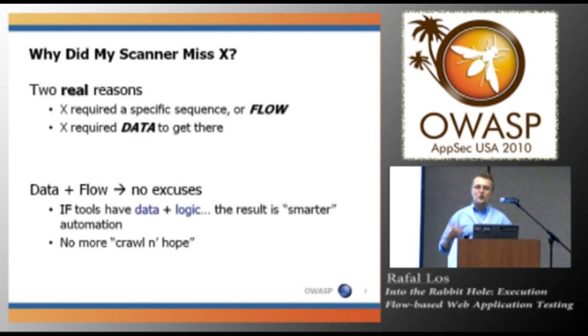Simply pointing a crawler at a website and saying, go, give me all my vulnerabilities so I can generate a PDF and send it to my developers to fix. That concept absolutely has to go away, because it's not making anybody any safer. And every time I say that, I think one of my salespeople has a heart attack somewhere.